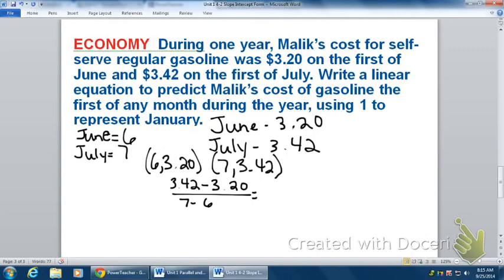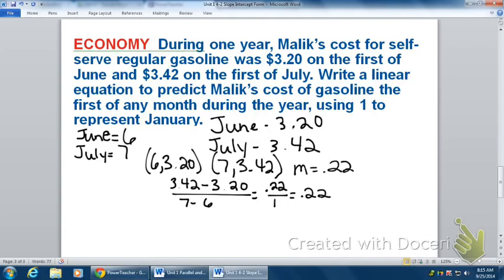That's going to give me 22 cents up top and 1 on the bottom, okay? And that reduces to 0.22. So that's my rate of change, okay? So we have a slope now. We got m equals 0.22.